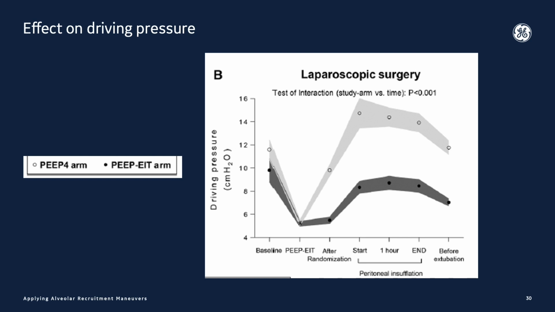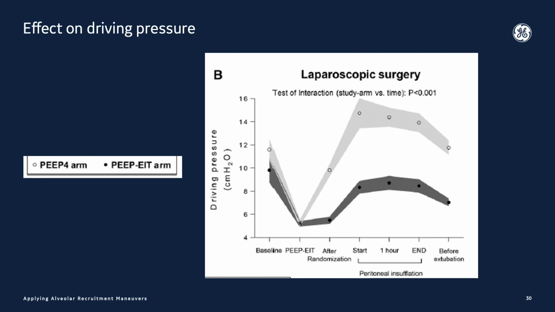The light gray curve with the open circles is the PEEP 4 group, and the dark curve on the bottom with the closed circles is the group that received PEEP titrated to the electrical impedance tomography. You can see that driving pressure in both groups was very similar at baseline, about 10 centimeters of water or so, and that it was reduced significantly after introduction of PEEP.